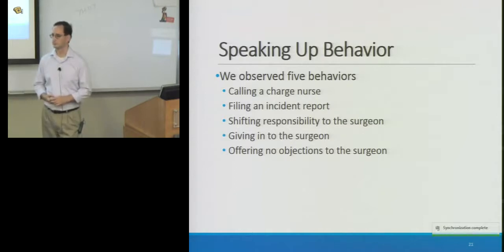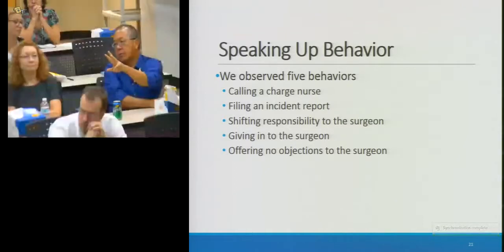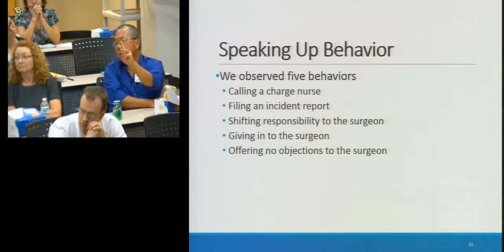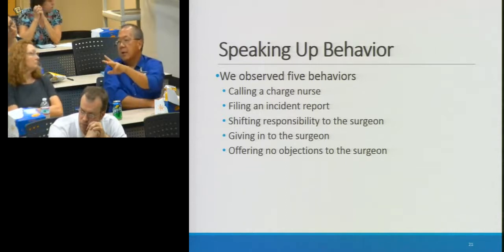The first response is called the CUS protocol. You have to challenge twice before you call the charge nurse, so 3 attempts. For the first 2 attempts, you would use the magic words, the CUS protocol. You would say, Dr. Fischler, I'm concerned because you're breaking protocol. And then you ignore me.